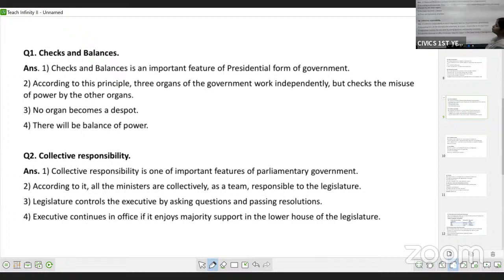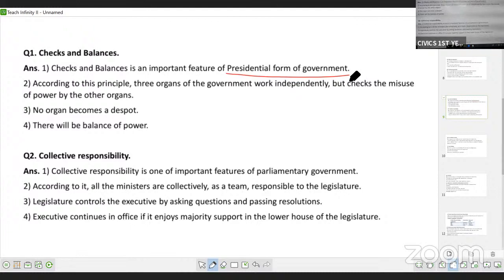So checks and balances. What do you mean by checks and balances? Checking, you know what is checking? Okay, so checks and balances, it is a feature of presidential form of government, where the head of the state and the head of the government is only one, that is president. Example, America. In America, we have presidential form of government.